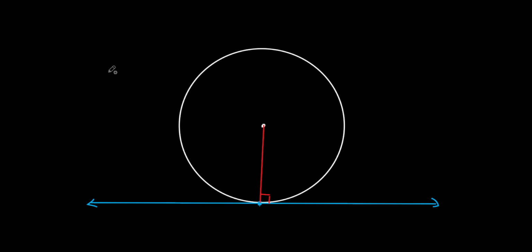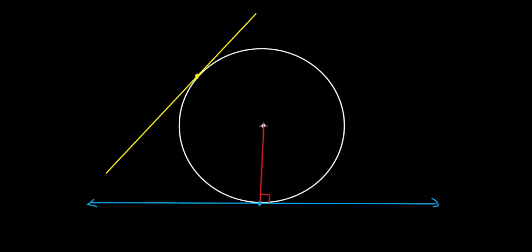I could draw another tangent. It doesn't have to be horizontal looking like this. I could do some random tangent like this. Everybody see that? All right, so there's a tangent, it hits right there. So what is that point? This is the point of tangency. And what does the theorem say?